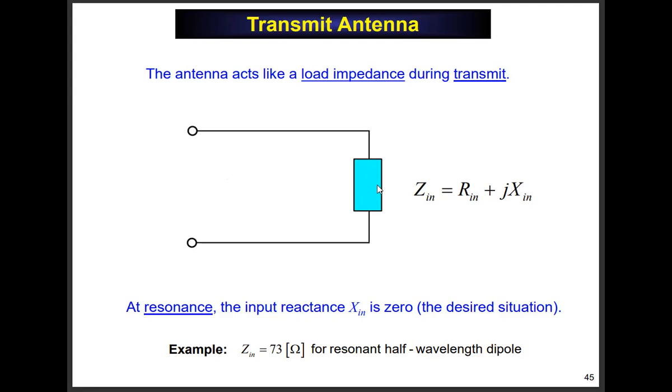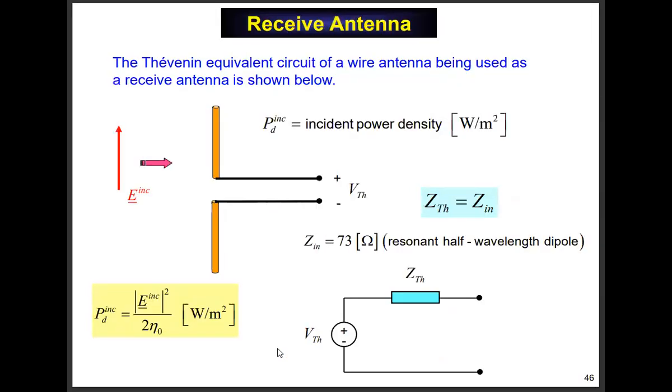Now, what does getting absorbed by the load mean if the load is an antenna? That means it got radiated, right? So all the power got radiated, none of it got reflected back to the transmitter. Okay, that's what you normally want. Now, let me remind you that every antenna can have a different input impedance, but for the resonant half-wave dipole, remember, half-wave, it's resonant, so X is 0, and the real part's about 73, like we talked about. Just keep that in mind for the examples later.